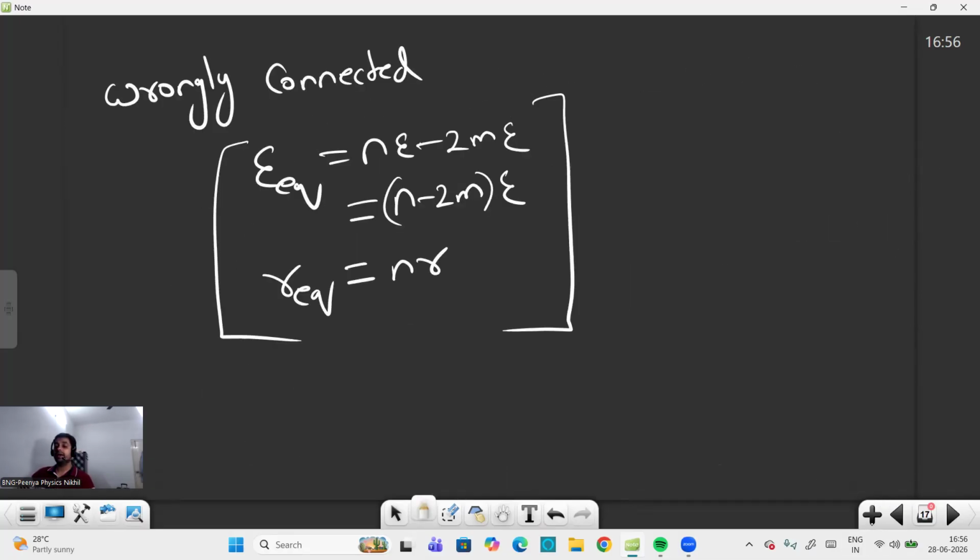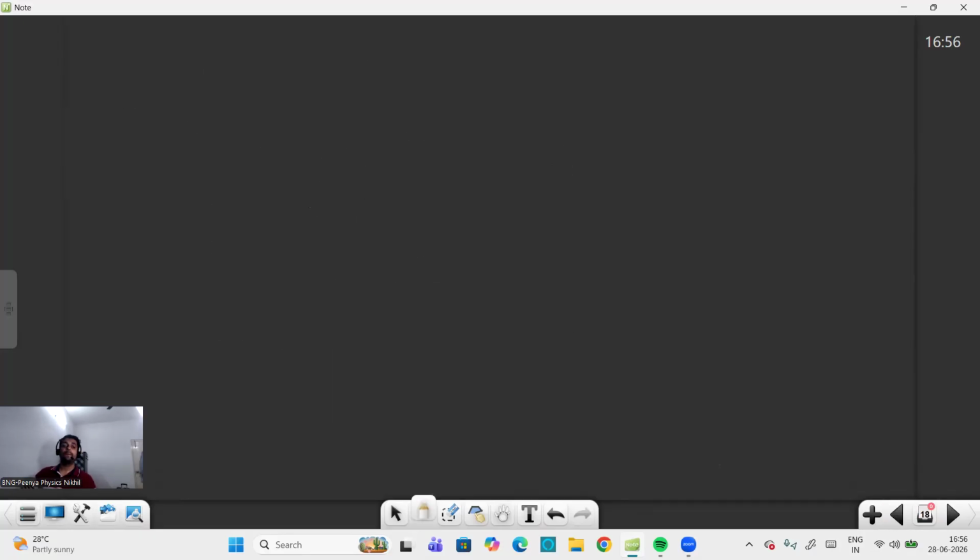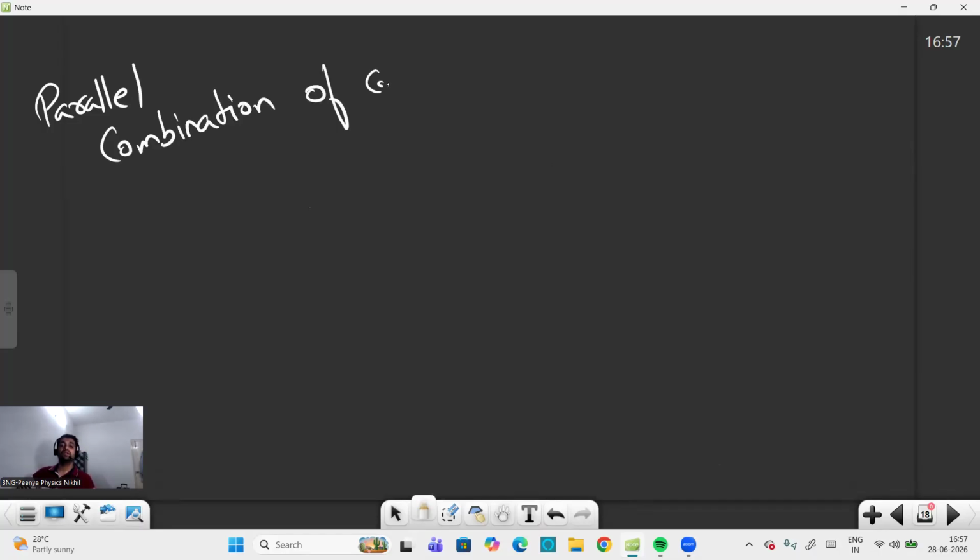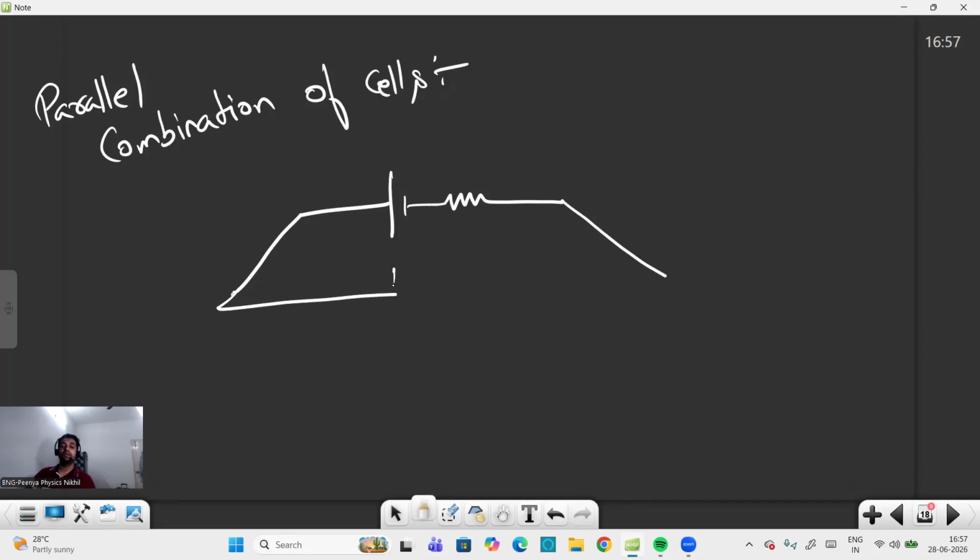So next is parallel combination of cells. In parallel combination, what happens? Just see here. Cells are parallelly connected, which means their terminals are common.